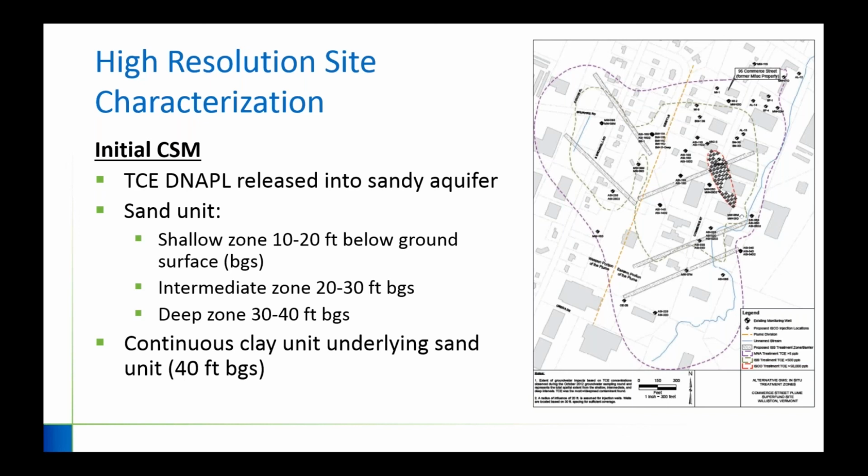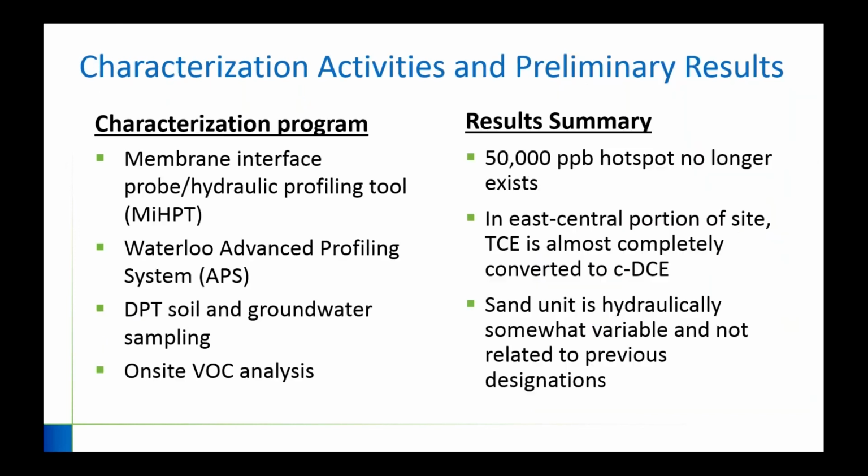And then below that was the clay unit. And then this is just a kind of a concept of the remedy. There's a lot of stuff going on with groundwater flow direction here, which is why the plume looks like this. But the concept was aggressive treatment in the ISCO area, and then biobarriers to intercept the plume and the rest of it.